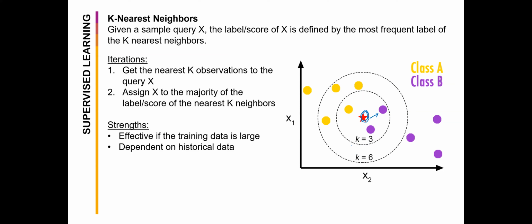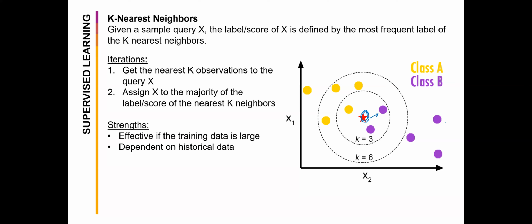Because we're looking at large training data, we can be across the time horizon. We can be assured that the data point belongs to the majority of this specific label or class or score, and that's the score of that new data point.